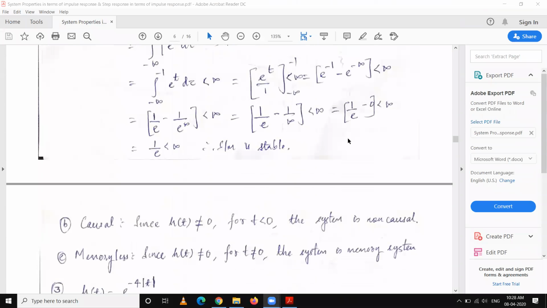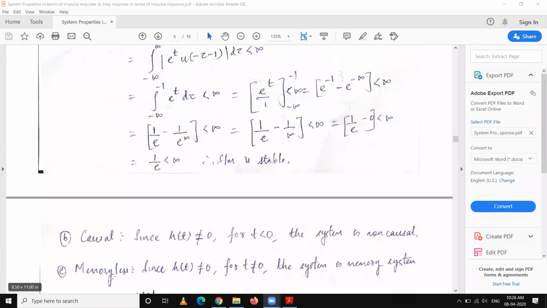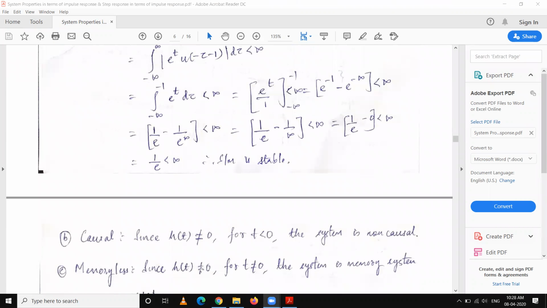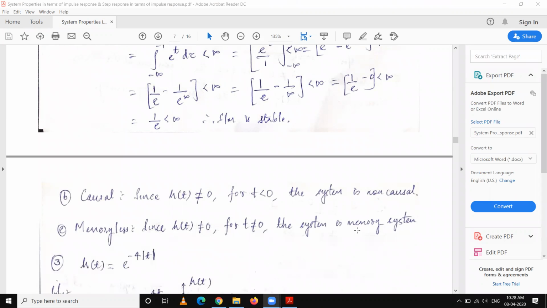Then check about memoryless. Since h of t is not equal to 0 for t not equal to 0, the system is a memory system.